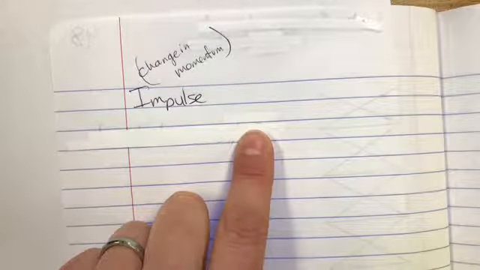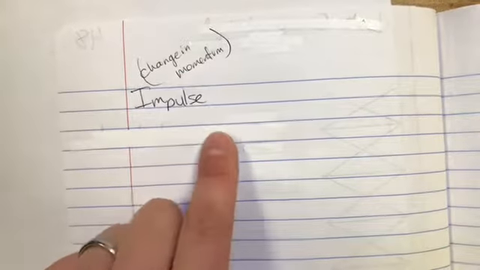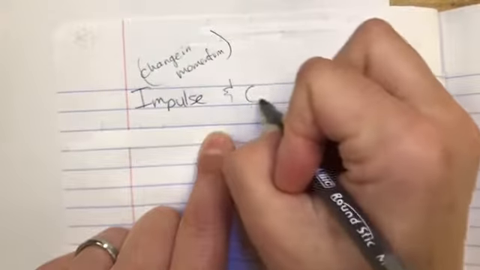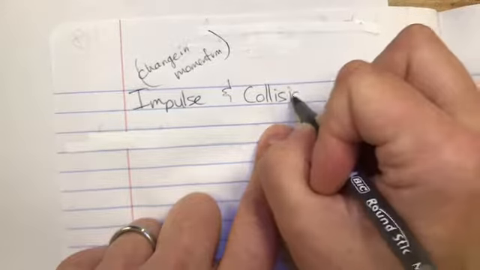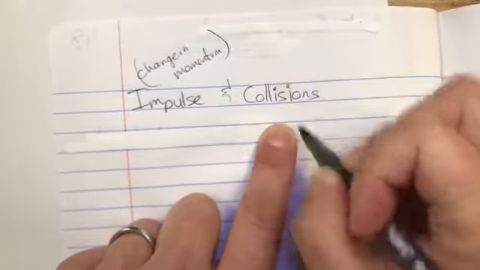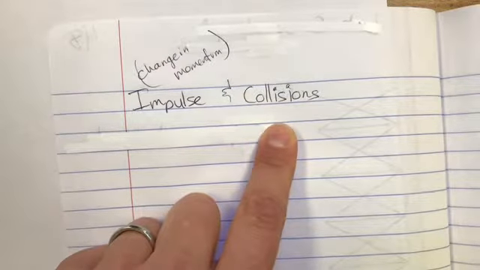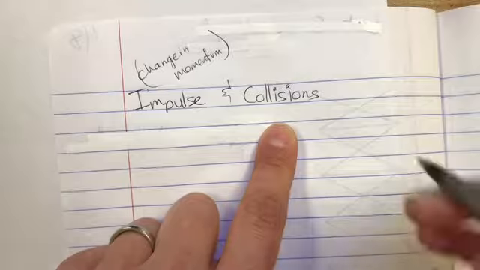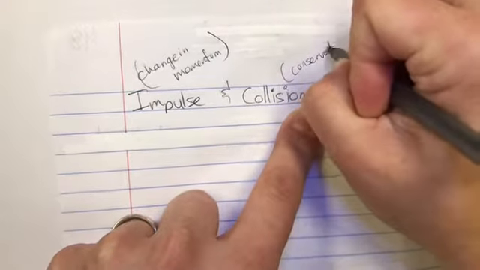Or take that and now just observe one car and its change in momentum, the impulse applied to that vehicle in the collision. So impulse and collisions are closely related. The momentum in the system is conserved, but the momentum of the individual objects in the system does change.